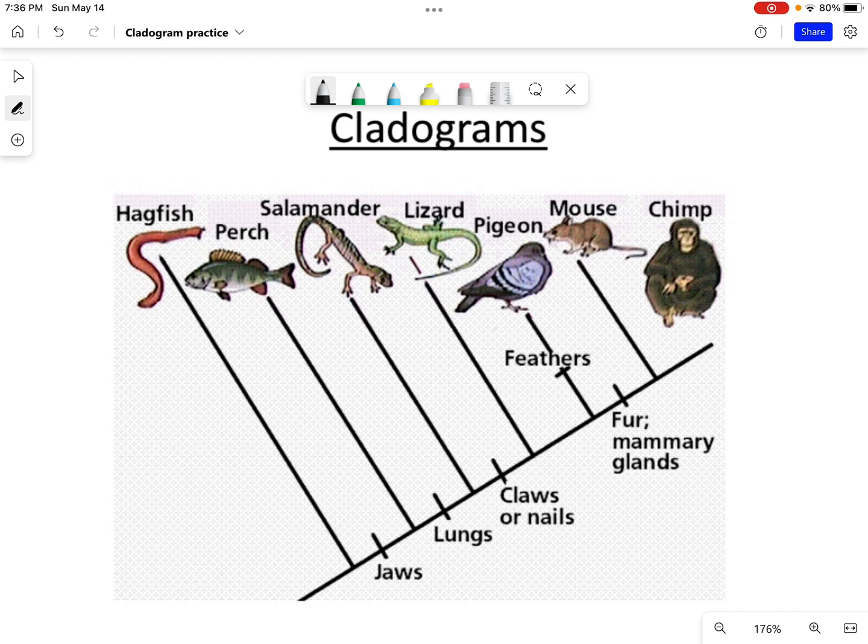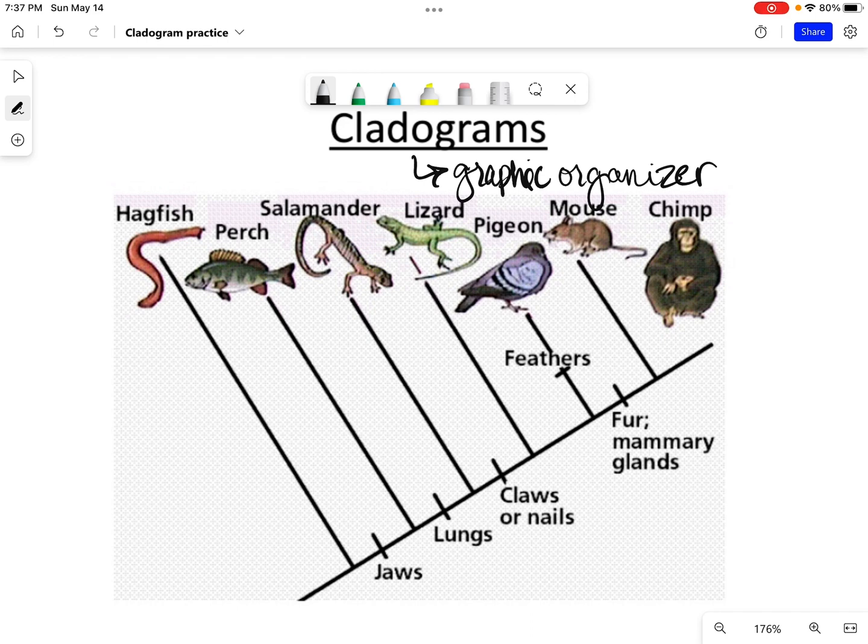A cladogram is kind of just a graphic organizer, and it is able to show us potential evolutionary histories. So how different species of animals are related to each other, potentially. It is not definitive because it's arranged by what we can see.